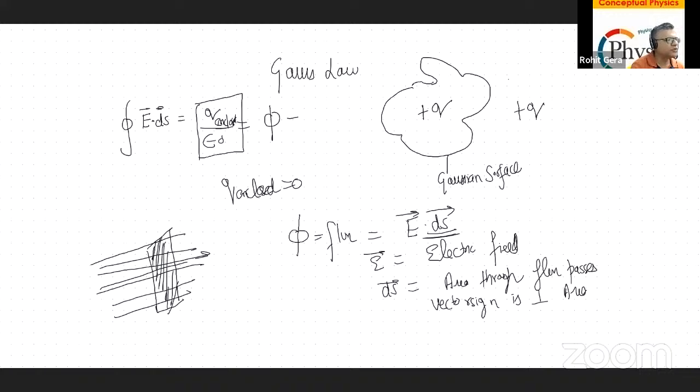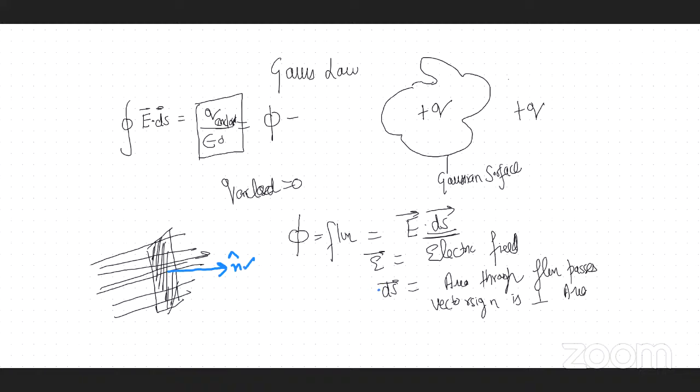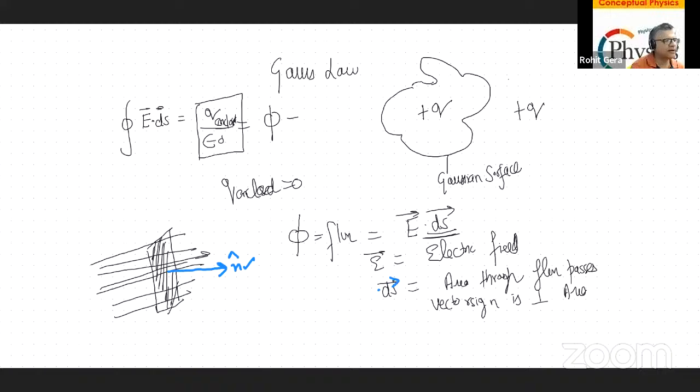What you do is draw a line which is perpendicular to the area, a normal to the area. The direction of area ds is this. The direction of ds, the area, is the perpendicular drawn on the area.